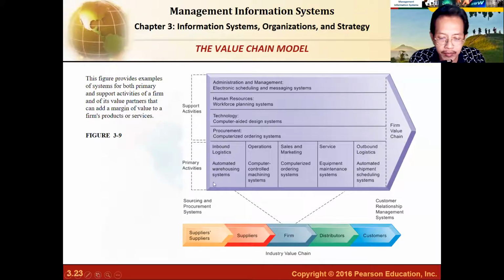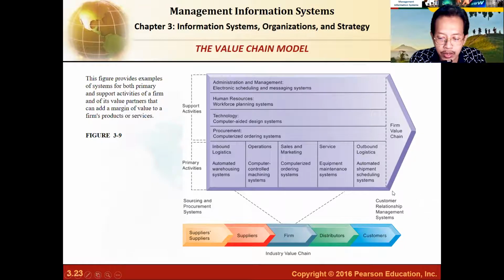The primary activities, for instance, are inbound logistics, and it could be supported by the automated warehousing system. Operations are supported by computer-controlled machining systems, and so on. You can see it here. On the bottom here, in order to connect the company with the suppliers, you can use, for instance, a supply chain management system or a procurement system.